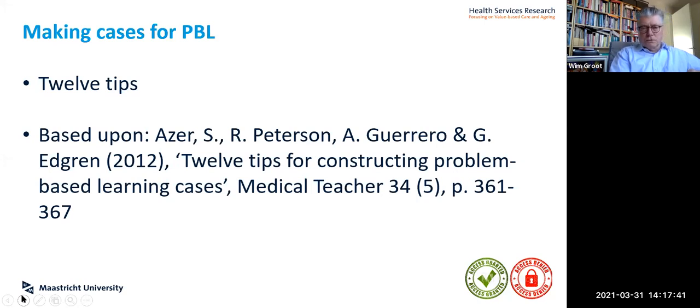So not all of the tips that they gave may be equally important and useful for cases in other disciplines or for application of PBL in other disciplines. But overall, I think these are very useful also in structuring the development of cases that you make for problem-based learning. Can we go to the next slide?